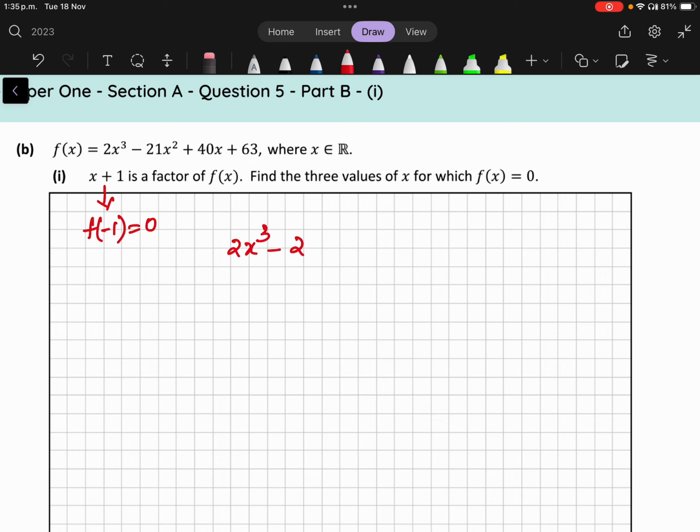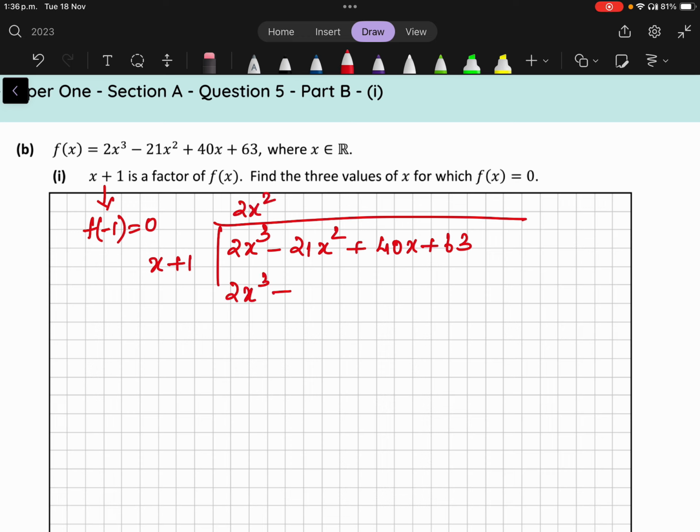So 2x cube minus 21x square plus 40x plus 63 divided by x plus 1. Here you will get 2x square, and this will become 2x cube plus 2x square. Then subtract, you will get minus 23x square. You bring the 40, so plus 40x, and then you will get minus 23x here.